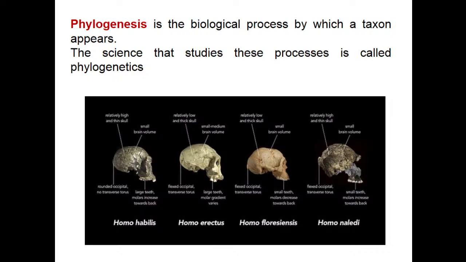In this slide you can see different skulls from Homo habilis, Homo erectus, Homo floresiensis and Homo naledi. Here we can see two types of changes: the same, which are preserved in all skulls, and different, which are little noted in this picture.